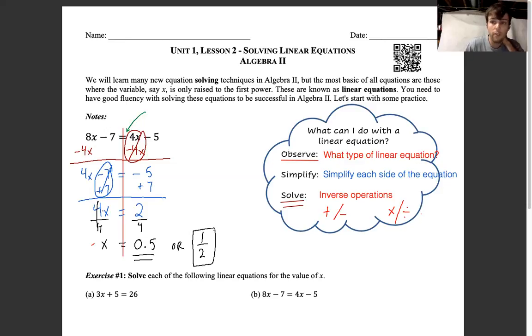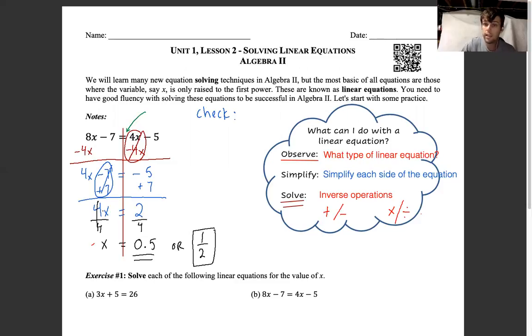Something that's often very useful when you're solving equations is to use your solution to check it. Make sure that you verify that this is the right answer. And you do that by substituting the number that you got for your solution back into the equation for the variable. So everywhere there was an x, I'm going to go ahead and put 0.5 or 1/2, whichever one I want to use.